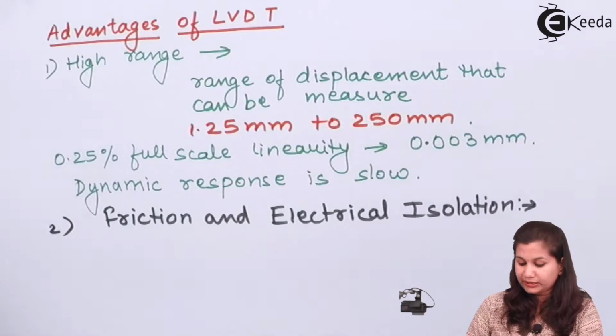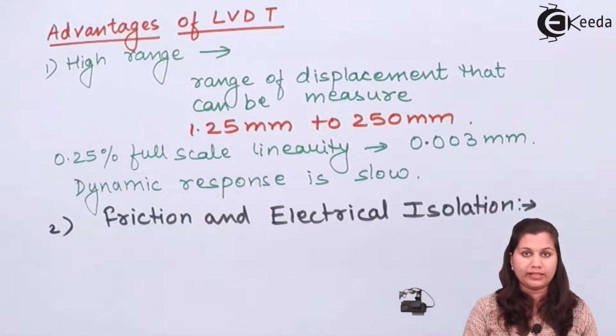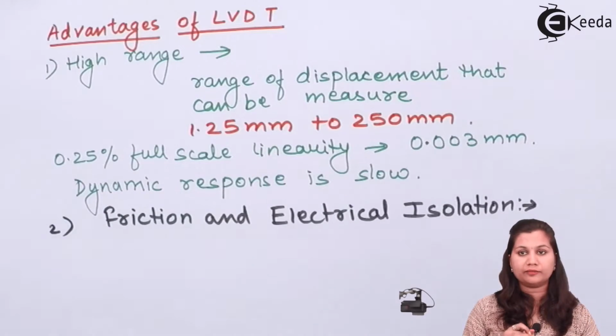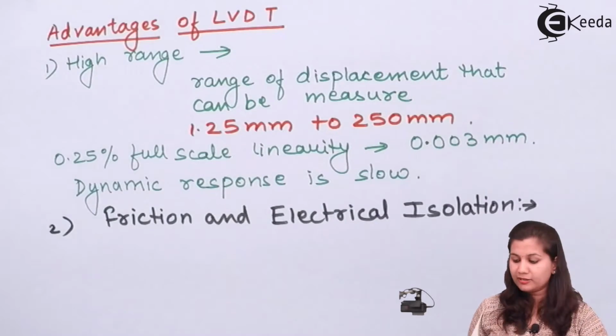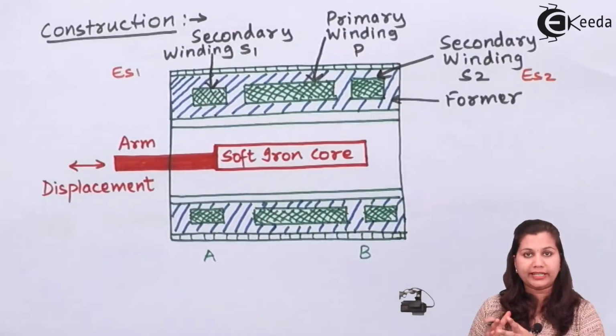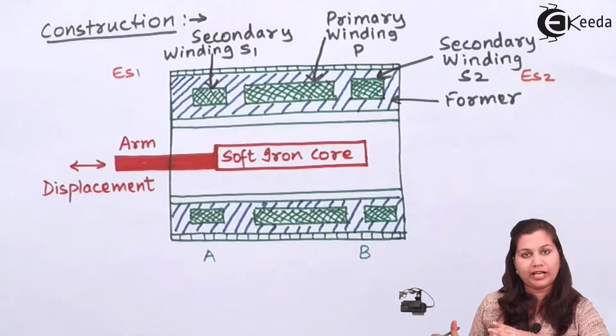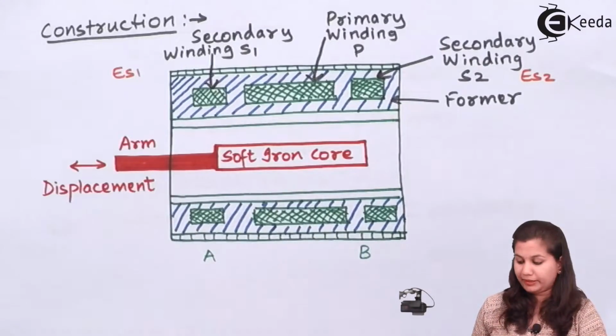Here you can see that the core and the coils, that is the primary and secondary coils, are not close to each other, they are far apart. Coils are present separately, and the soft iron core is also present separately.